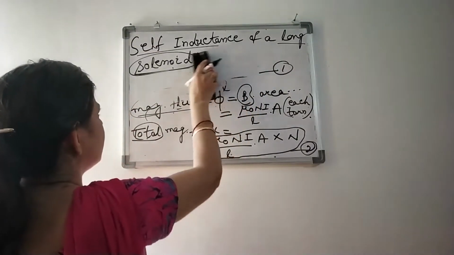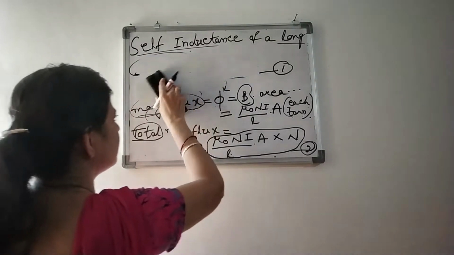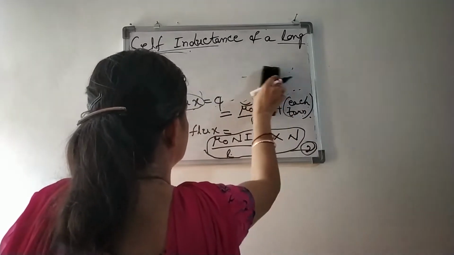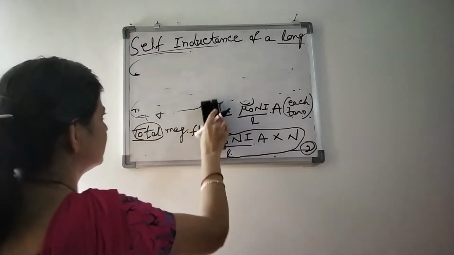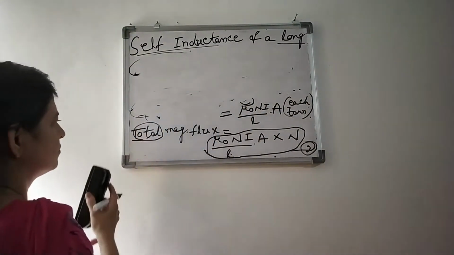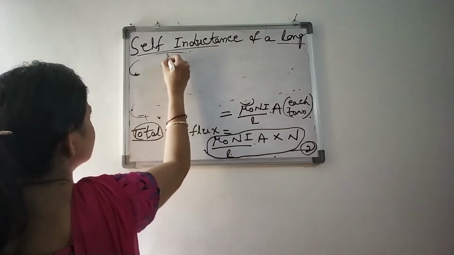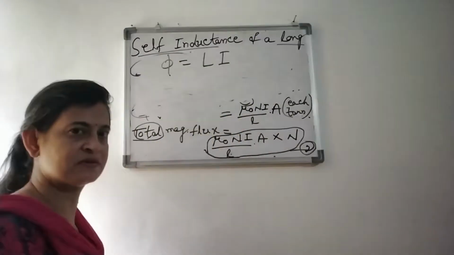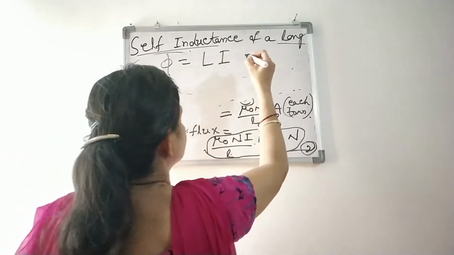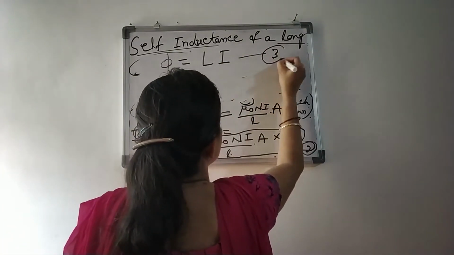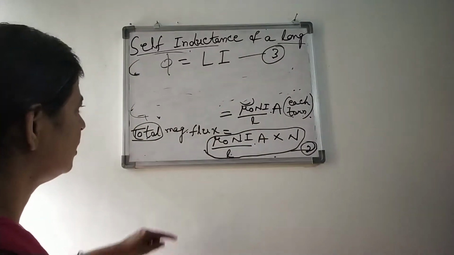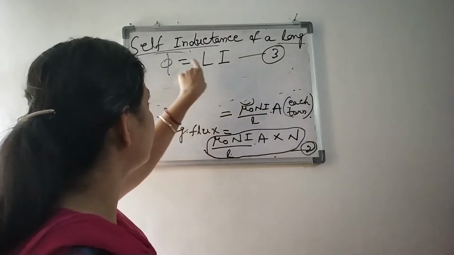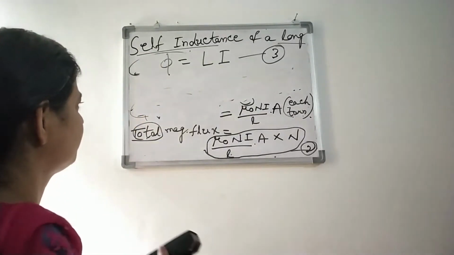Now, according to the definition of self-induction, we can write phi is equal to L I. Already discussed. Suppose this is equation number 3. Now, equate these two equations, equation number 2 and equation number 3.